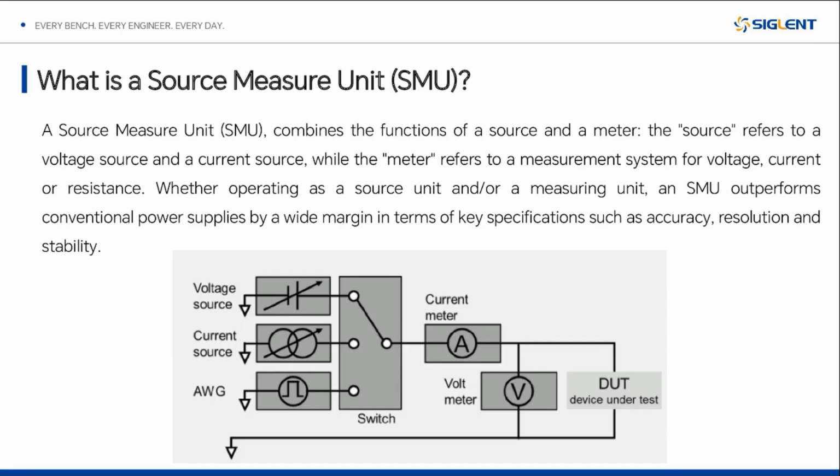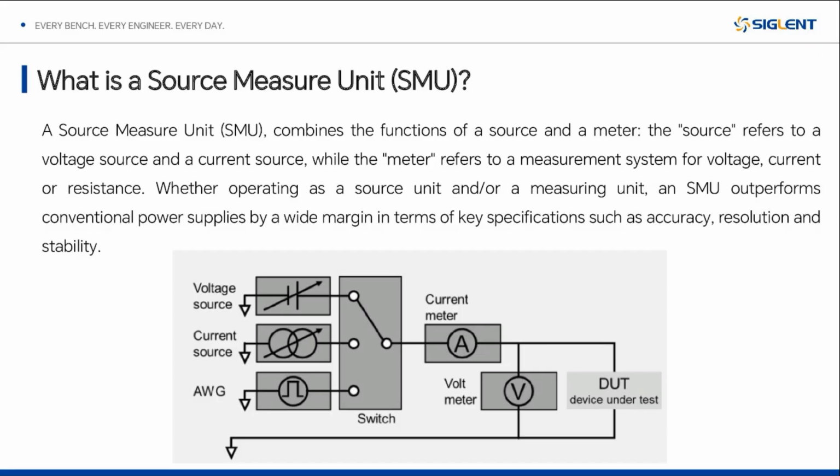At its most basic level, a source measure unit provides a combination of voltage and current source, and in some cases an arbitrary waveform generator at typically relatively slow speeds, and combines that with an ammeter and a voltmeter, all in one integrated package connected to your device under test.